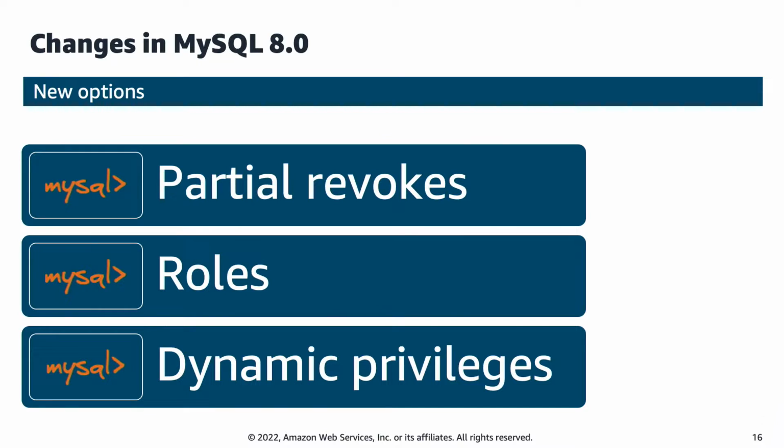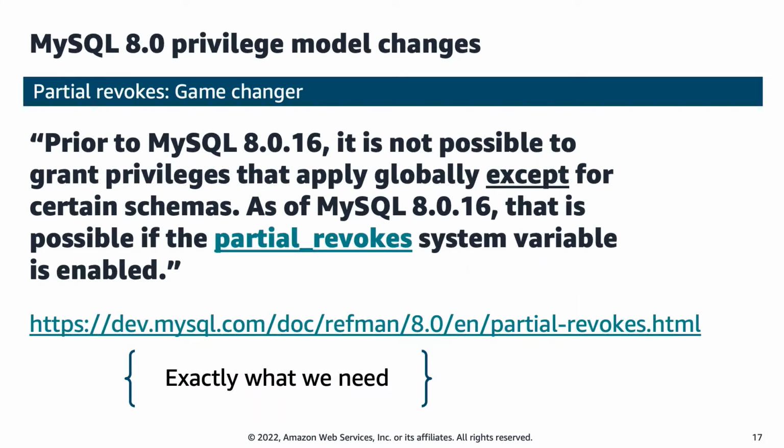So let's take a look at what changes have been made in MySQL 8.0, MySQL Community Edition. There are 3 new options that I'm really interested in: partial revokes, roles, and dynamic privileges. So partial revokes is exactly what we need.